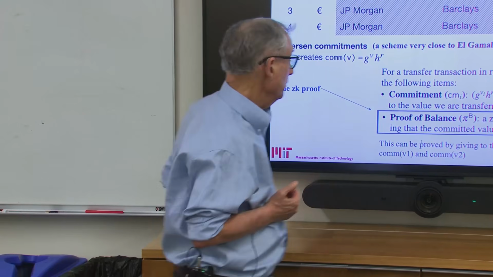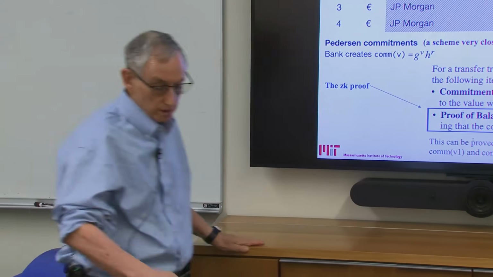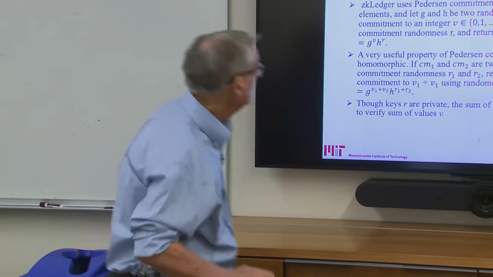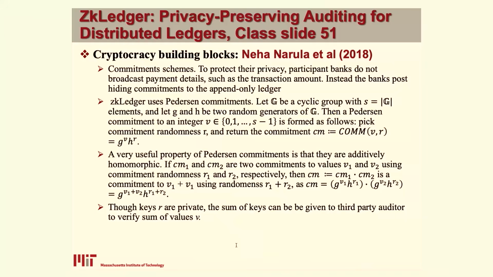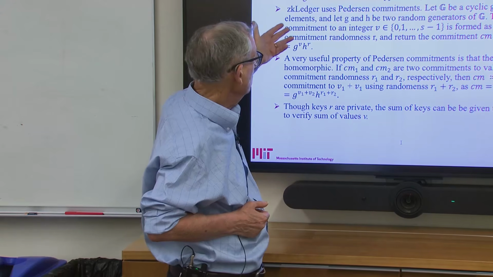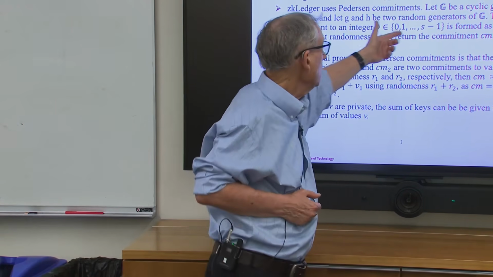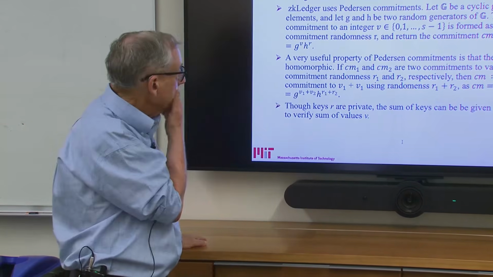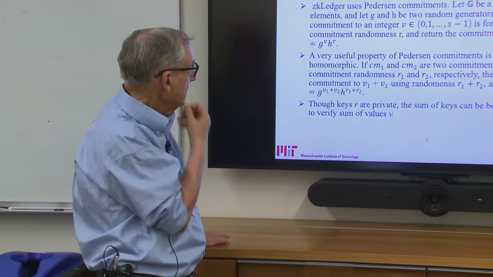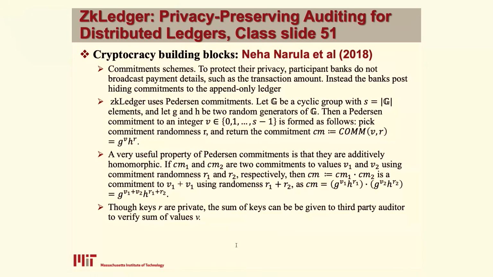It's a Pedersen commitment. In more detail, you have a cyclic ring, sound familiar, with a certain number of elements. G and H are both generators in that group G, and a commitment to these values that are transformed to lie in the space G is done again by taking these products.